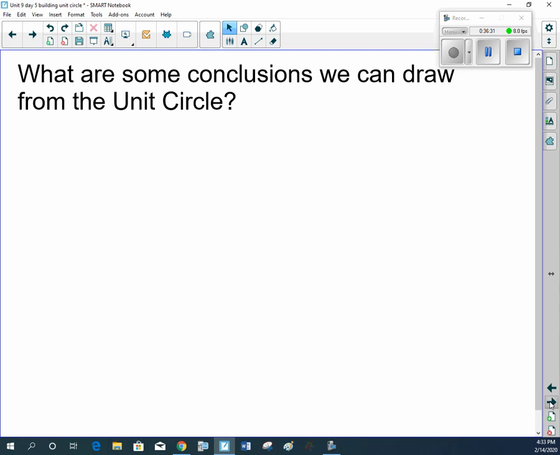Okay, so what are the big conclusions we can draw from the unit circle? So first of all, a lot of it has to do with the ordered pairs. Everything has to do with the ordered pairs.